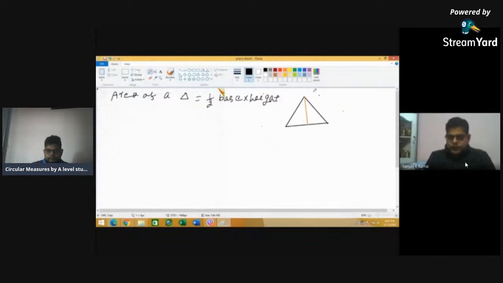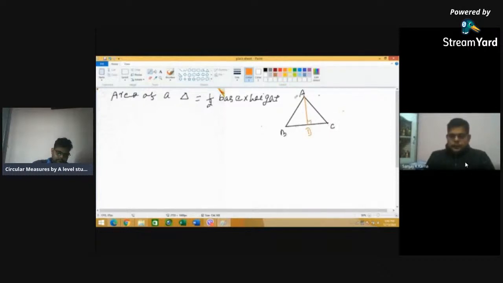Say that its vertex names are A, here this is B, this is C, and then you can name this as D. Here we have dropped a perpendicular from A to the base, the side BC. Perpendicular means this is 90 degrees, right?